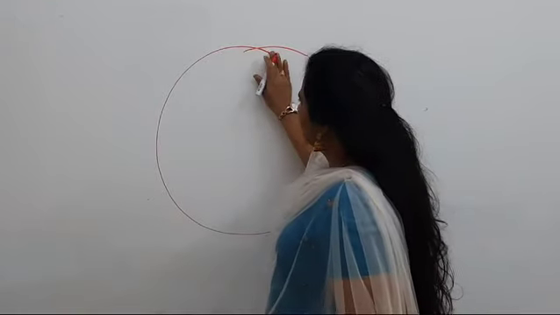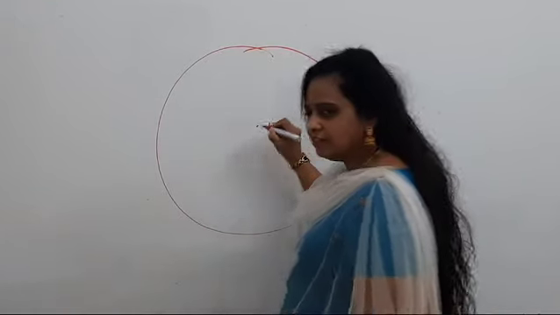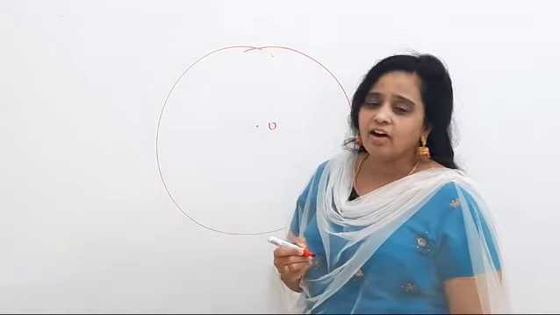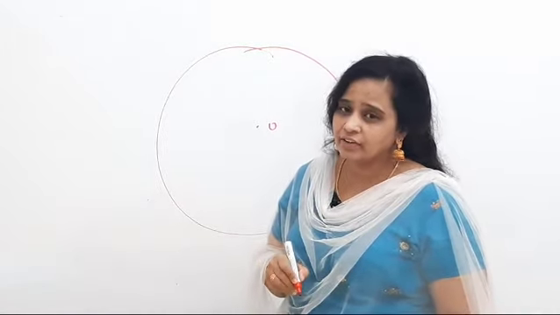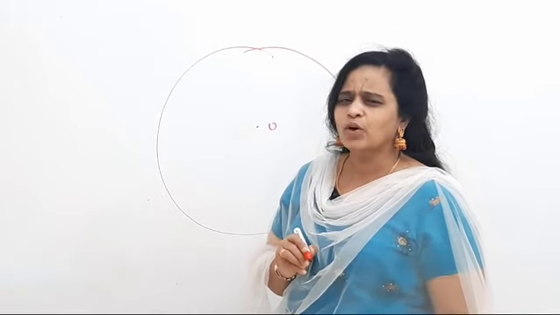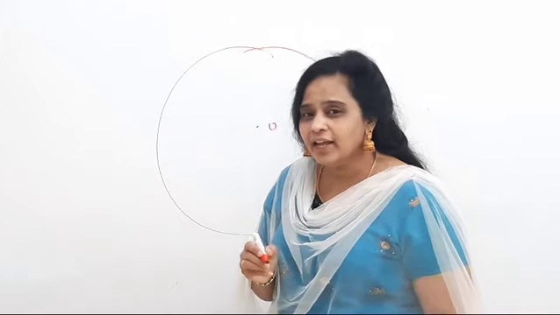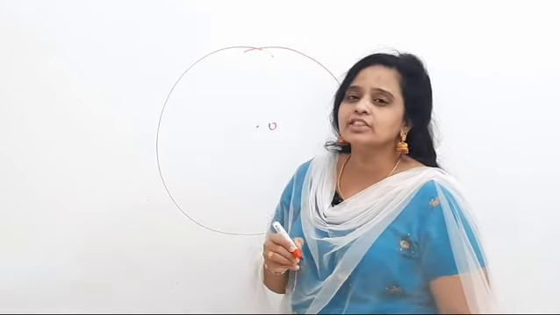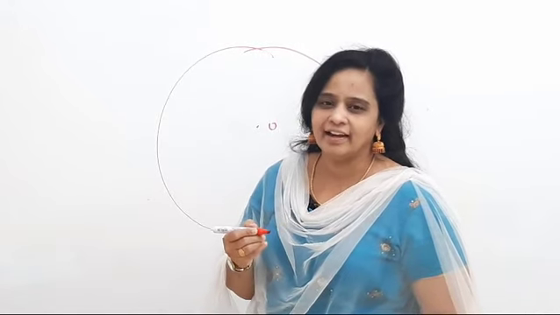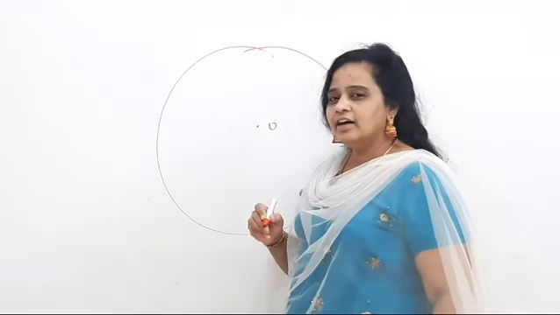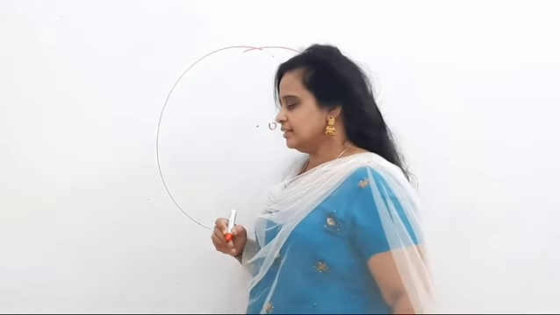So, of course, a circle will have a center, the first thing, and the radius. The circle must have a radius. Now, what is the radius in a wheel of a cycle? I understand the spokes are nothing but the radii of the circle that I consider.